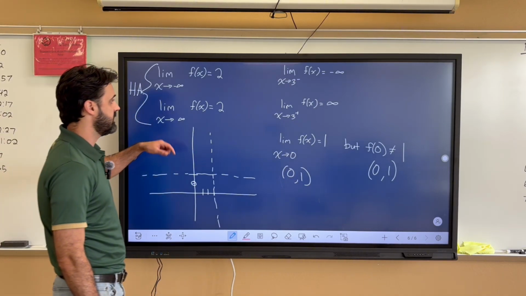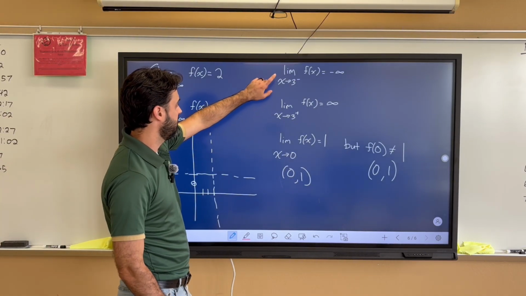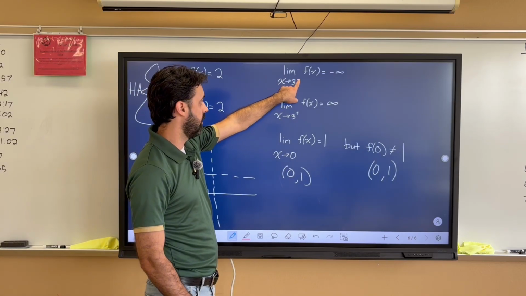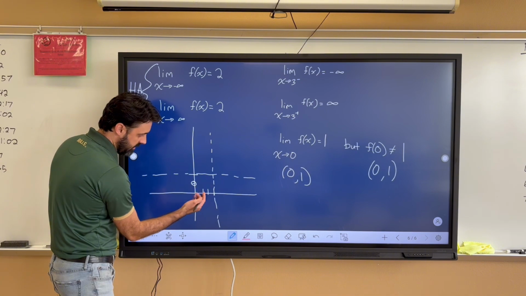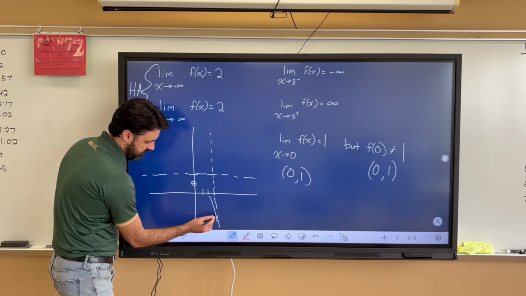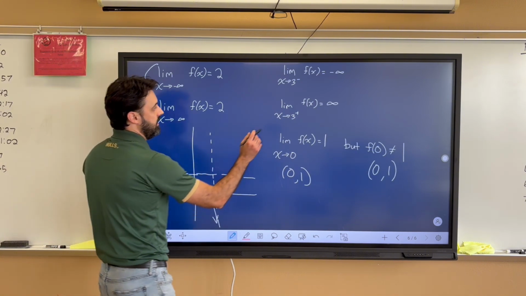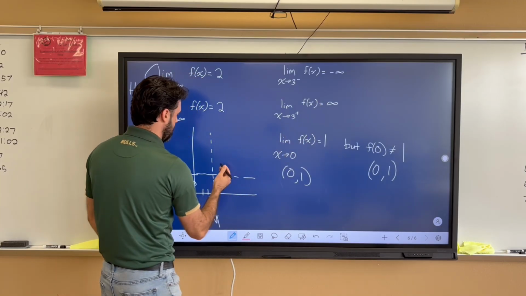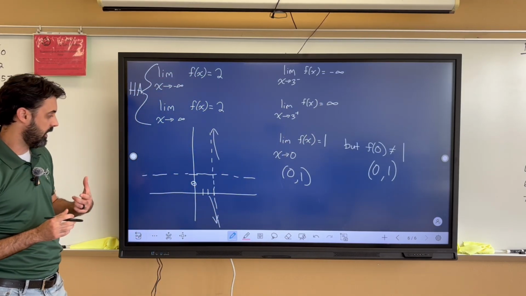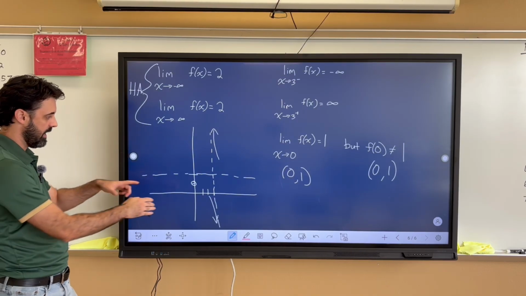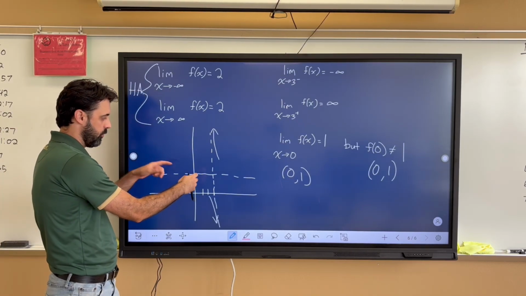All right, so to fill out the rest of this graph, to the left of 3, our y values are approaching negative infinity. So as we go this way, the graph is headed down. And to the right of 3, the graph is headed up. So over here, the graph is going to head up. Now, to finish the rest of this graph, the graph is just going to approach these asymptotes.